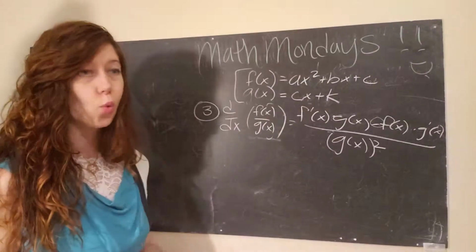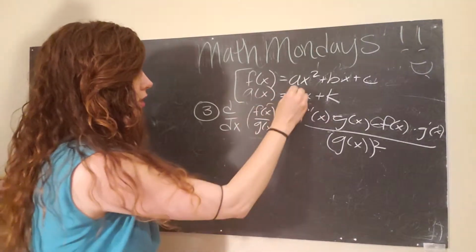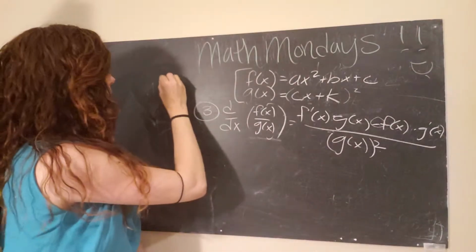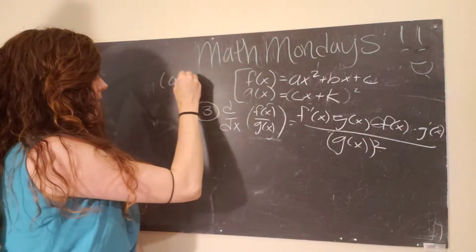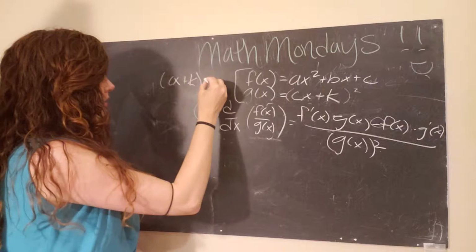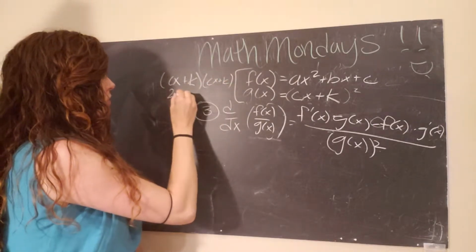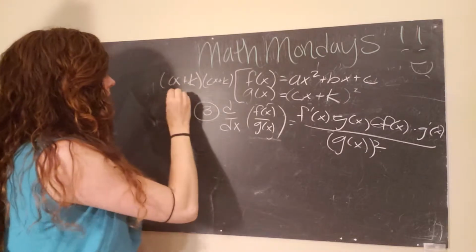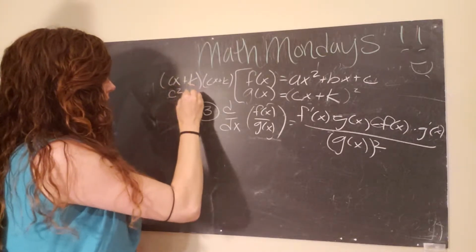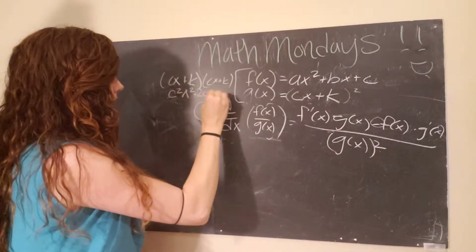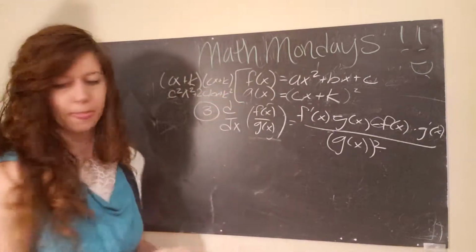So g squared of x is going to be this squared. If I were to do that really quick, it would look like cx plus k times cx plus k. We're going to get c squared x squared plus 2ckx plus k squared.